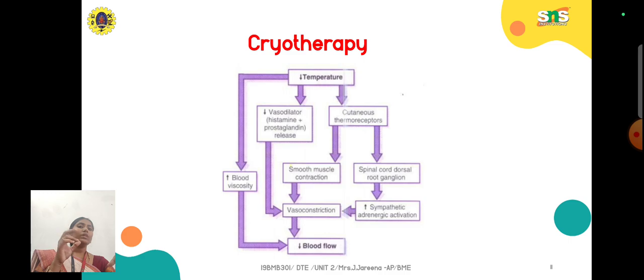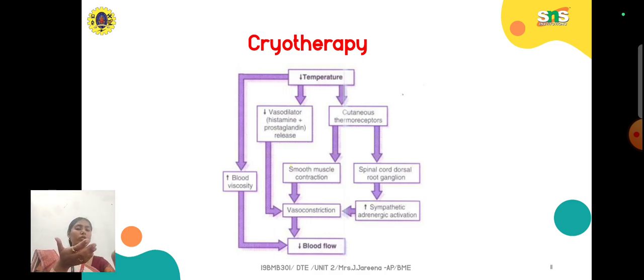It will also increase the blood viscosity. If you give a cold temperature, the blood gets thicker, so the viscosity increases and the blood flow reduces. So the blood flow is reduced not only through constriction but also by increased viscosity from the cold temperature.